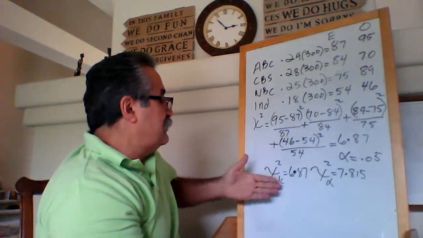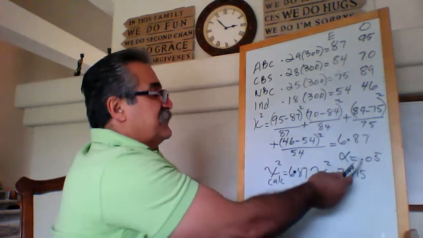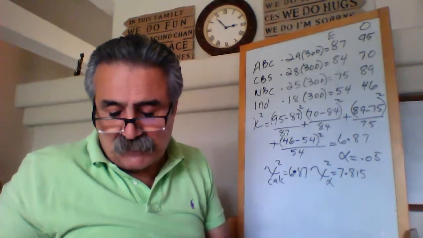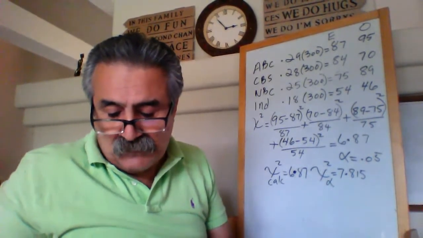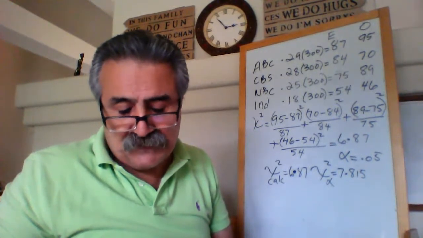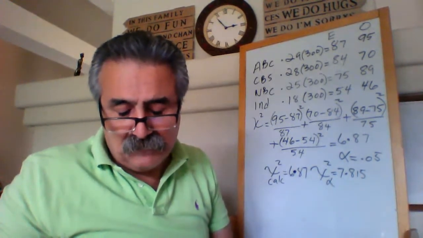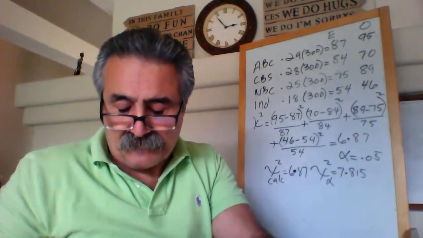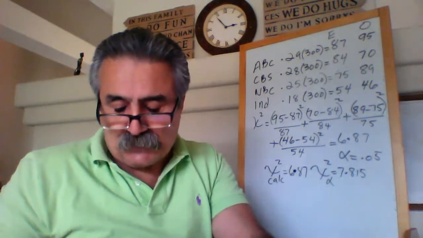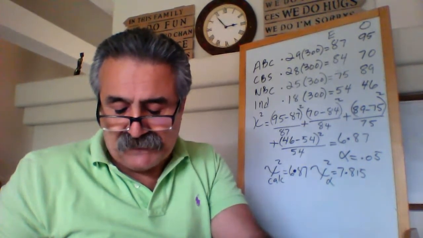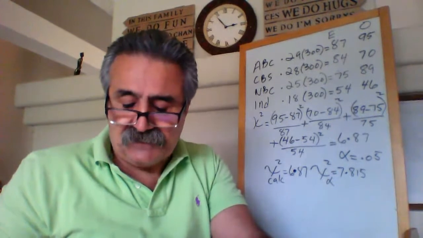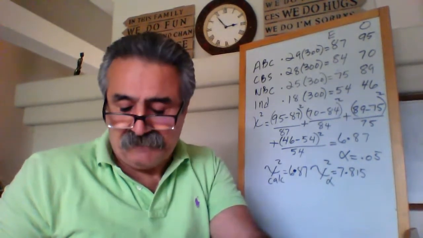And if you wanted to use the p-value, to find the p-value, you go to the chi-square table and try to locate that 6.87. We do not have 6.87 across from degrees of freedom equal to 3 on the chi-square table. Your chi-square is going to be between 6.251, which is under the column 0.1, and 7.815, which is under the column 0.05.